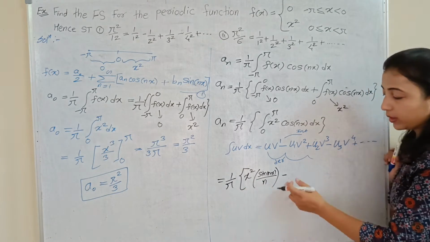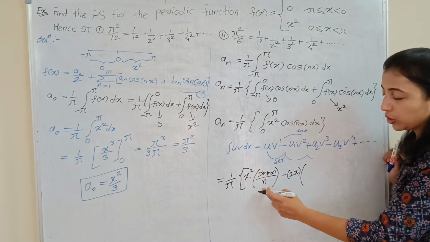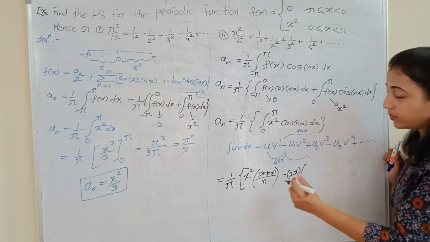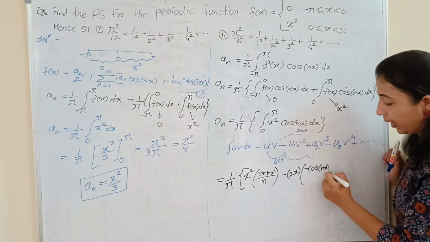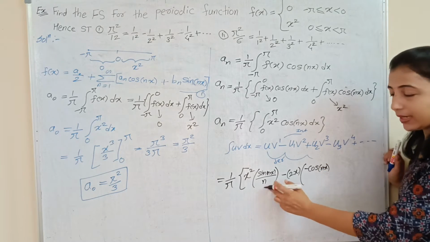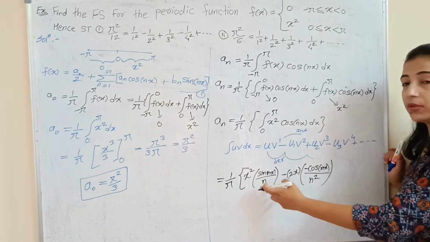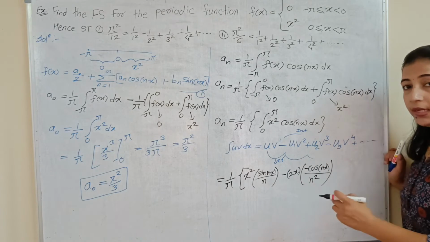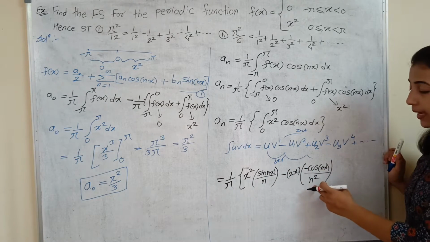Take the derivative of first term, so x square derivative is 2x. Take the integration of second term, so this term is sin nx and integration of sin nx is minus cos nx upon n, and this already there is a n, so it becomes n square. So same term का आपको integration निकालना है, तो in this term it is already there is a n, and integration of sin again you will get divide n, so it is n square.